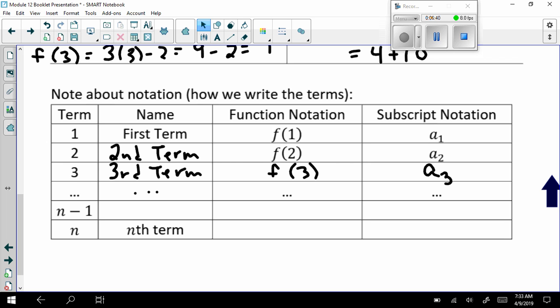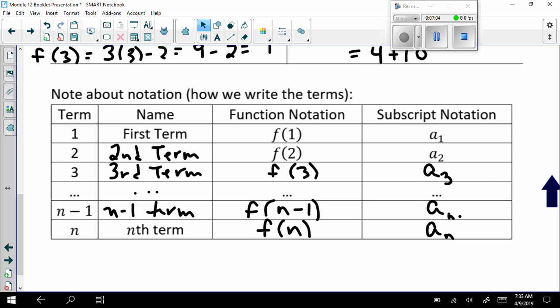And this just means we're going to skip a lot of terms. And let's actually go down to our last one, our nth term, first. So that would be f of n or a sub n. For our n minus 1 term, function notation, f of n minus 1.